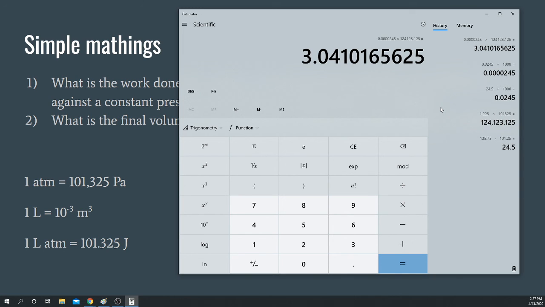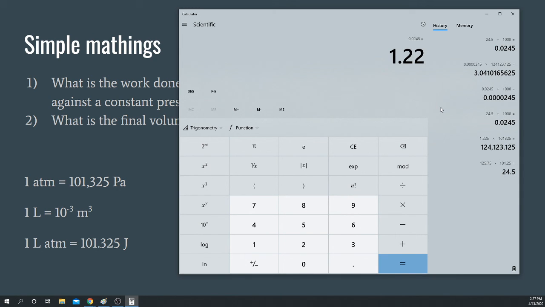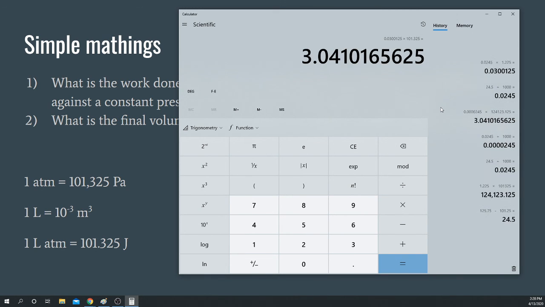A slightly simpler way is to do 24.5 milliliters, convert that to liters, multiply that by our atmospheres, 1.225, and that gets us work in liter atmospheres. And then 1 liter atmosphere is 101.325 joules. So we multiply this by 101.325, and that also gets us the 3.041.